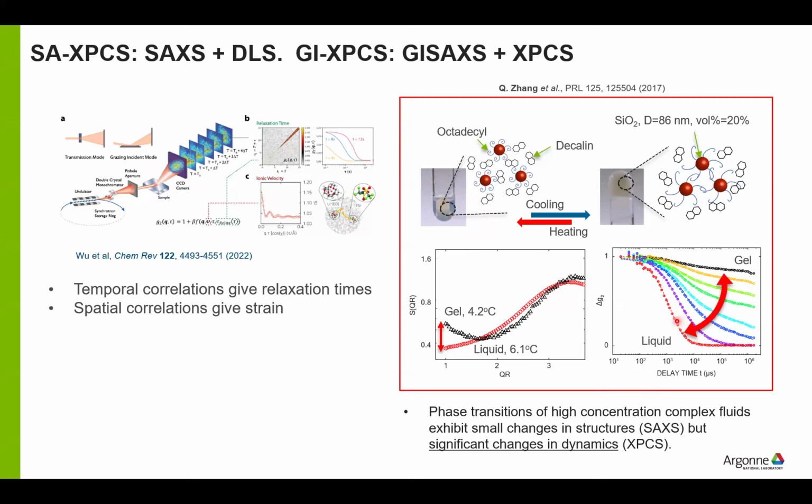But with coherent illumination and following the XPCS data analysis, you can extract these relaxation times, which clearly distinguish between the liquid state of the sample with a fast relaxation time and a gel where the relaxation time slowed down very much. So XPCS is very useful for characterizing the dynamics of samples, and we're happy that we'll be able to do that as well at the new 9ID.